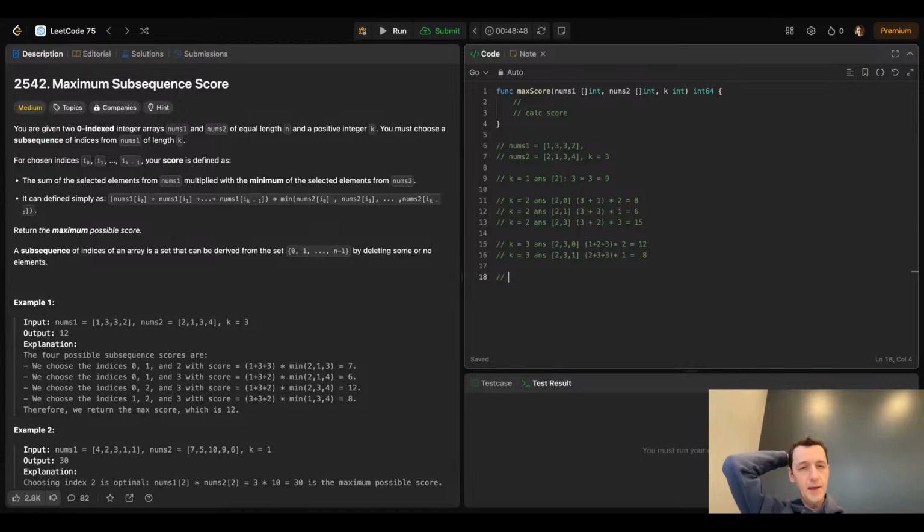What if we take the kth smallest number from nums2, which is like 2?